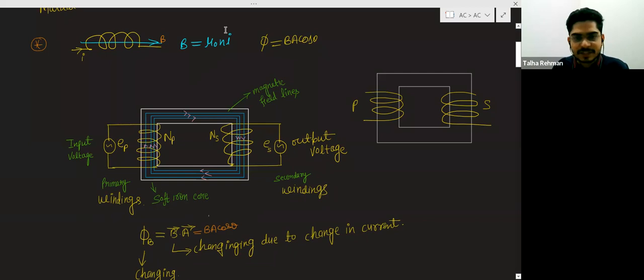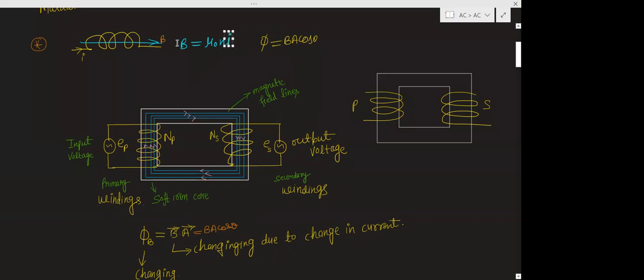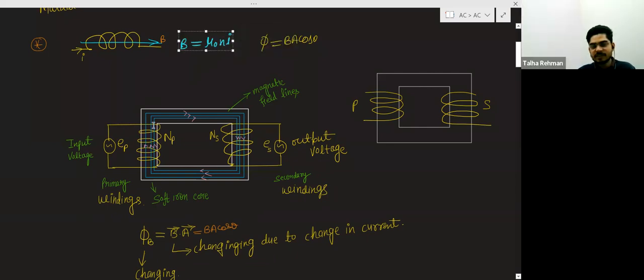If the current is changing, then the magnetic field here will change, from this formula. So the magnetic field, or the strength of the magnetic field lines, is changing here also, because the same magnetic field lines are here. So what happens when the magnetic field changes? Magnetic flux will change, from the formula BA cos theta.